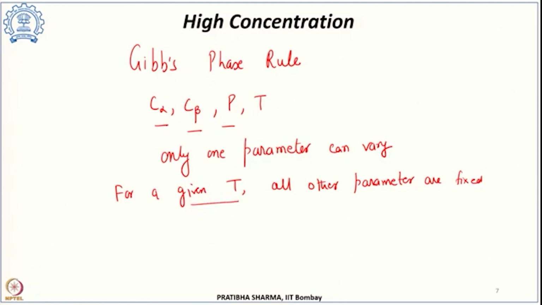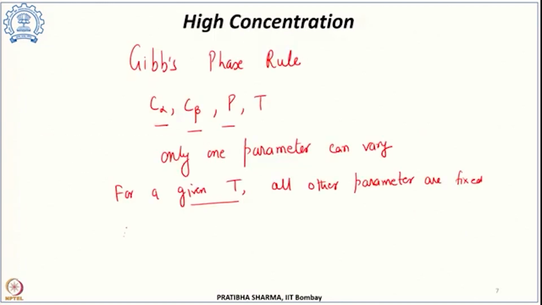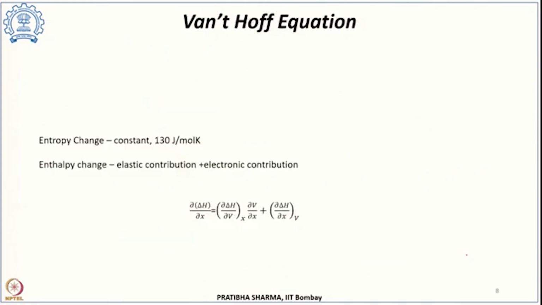Now, if we write the change in the chemical potential or the Gibbs free energy for this high concentration region, we can write delta G as half of RT ln of P upon P naught, or this can also be written as ln of P upon P naught is equal to delta H upon RT minus delta S upon R. Now, this expression is known as the van't Hoff equation.